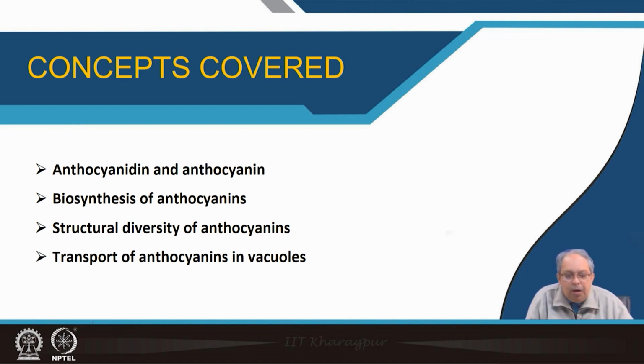We will talk about the biosynthesis of anthocyanins, and then we will discuss the issue of anthocyanidin and anthocyanin. Next, we will talk about the structural diversity of anthocyanins, and then finally, we will see how anthocyanins, once they are produced in the cytosol, are transported into the vacuoles.